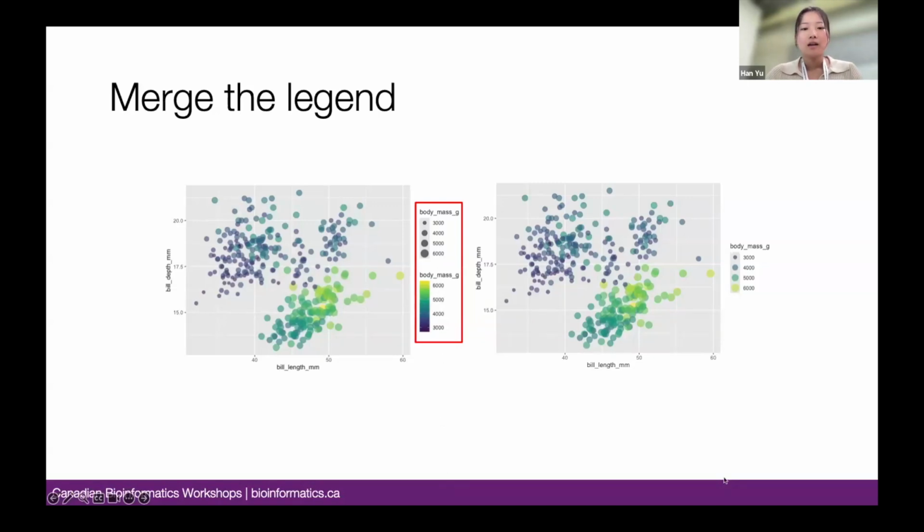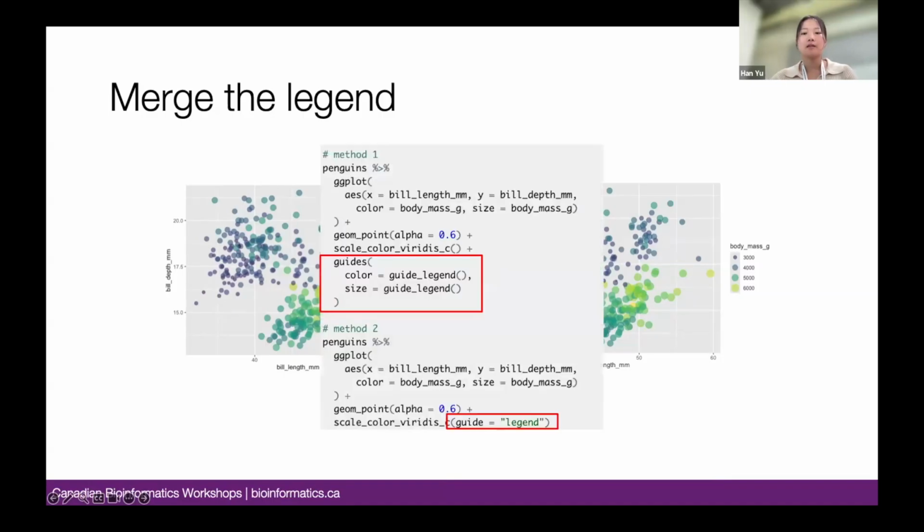One way to merge the legend is by defining the guides for both aesthetics and assigning them to the same guide_legend function, like here. This tells ggplot2 to treat both the color and size as part of the same legend. Another way to merge the legend is by specifying guide equals legend directly in the color scale function.